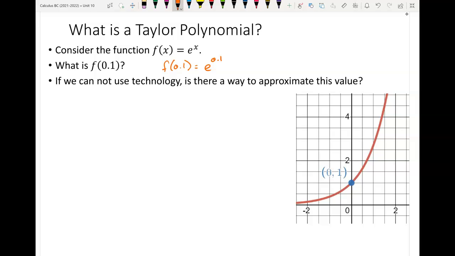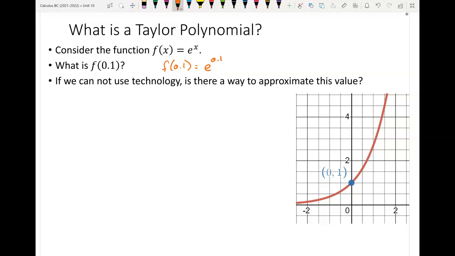Not really, okay? Now, we have calculators today. We take them for granted. We can throw that into the calculator and figure out what it is relatively easily. But before they had calculators, they're like, well, I don't know how to do that. Let's approximate it. Okay? So that's what we're going to be looking at. If we cannot use technology, is there a way to approximate that value?